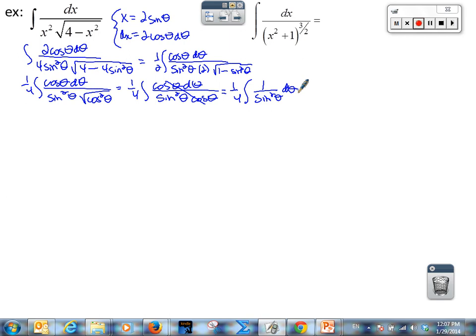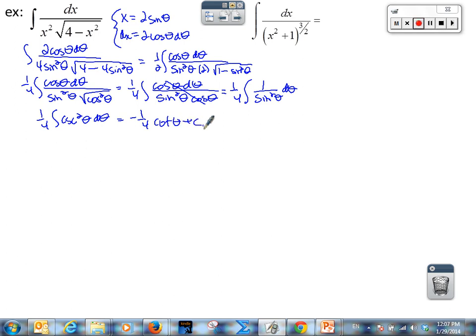Yep, cosecant squared. So 1/4 integral of cosecant squared d theta. If we were taking the derivative of a trig function and getting cosecant squared, what would it have been? Yeah, negative cotangent. Because remember, if we took the derivative of cotangent, it would be negative cosecant squared. So negative 1/4 cotangent theta plus c.